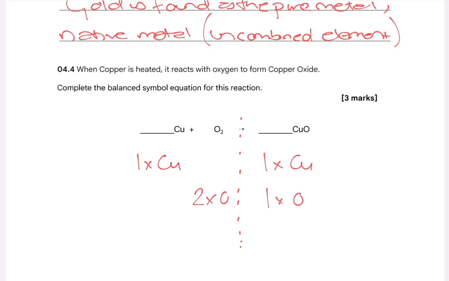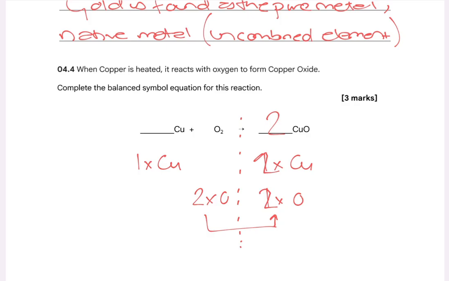So on the right hand side we don't have enough oxygens. Therefore, in order to make 1 oxygen become 2 oxygens, we need to double up the number of copper oxides on the right hand side.